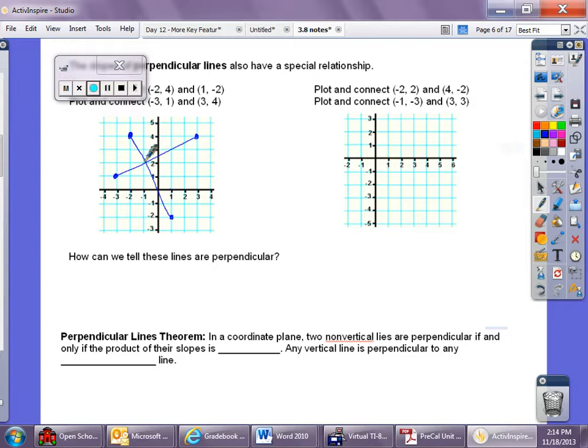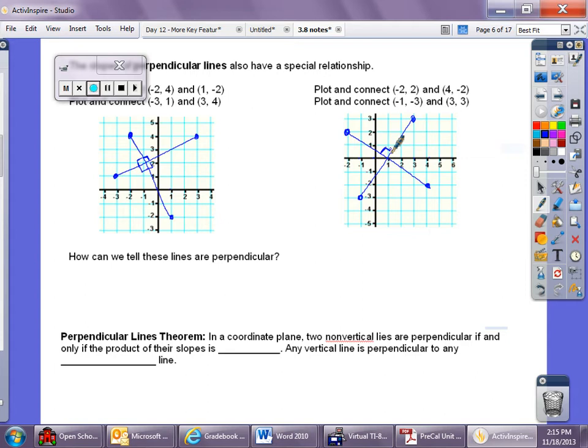What we notice here is that when these intersect, they form right angles. Then we plot these points (-2, 2) and (4, -2), and (-1, -3) and (3, 3). Once again, when we intersect these, they form right angles.